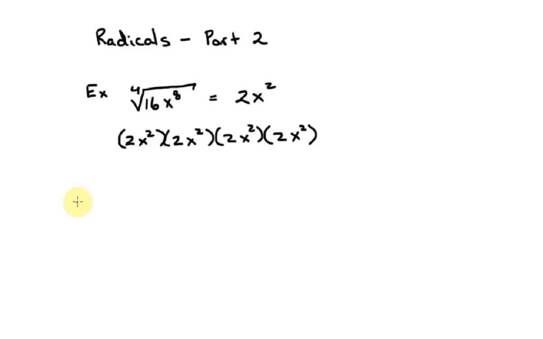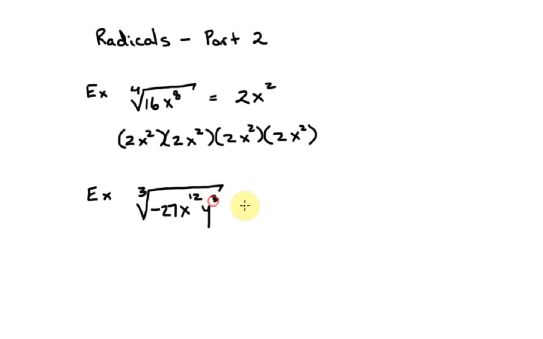All right, let's up the ante a little bit more with our next example. Let's make it a little bit messier. We're going to make a cube root of negative 27, x to the 12, and y cubed.